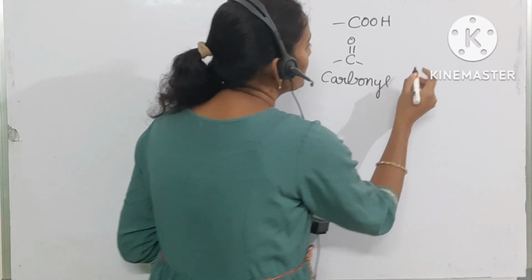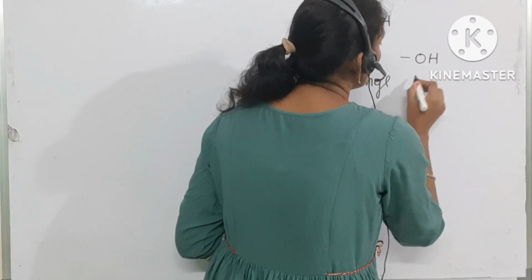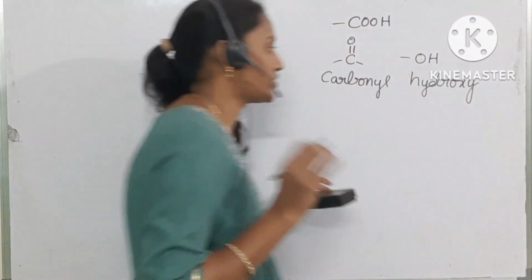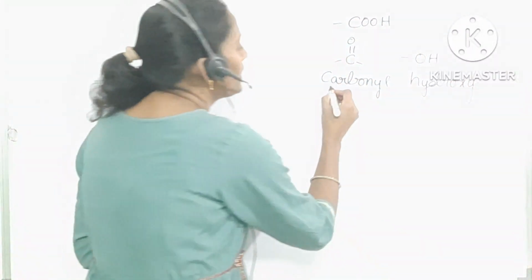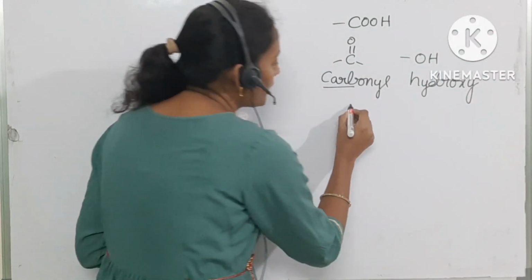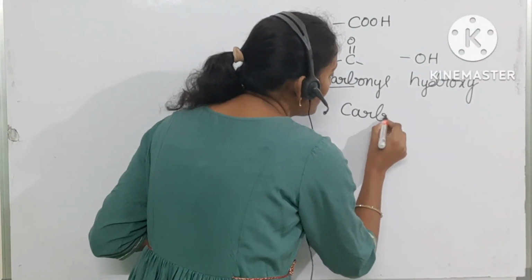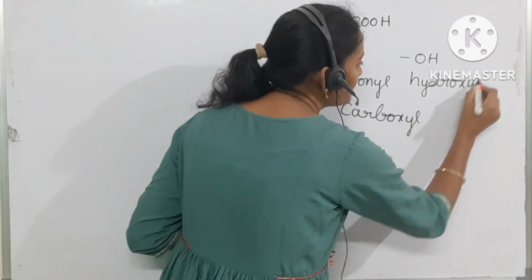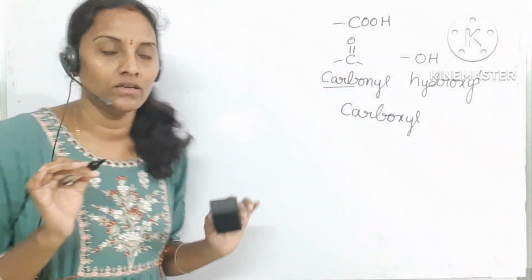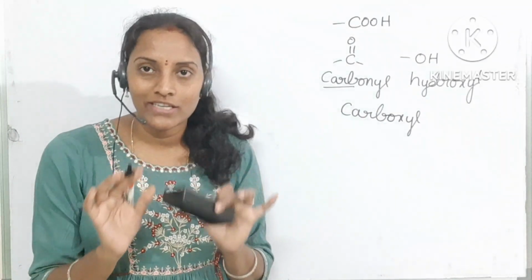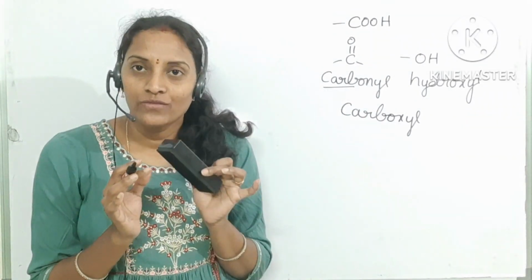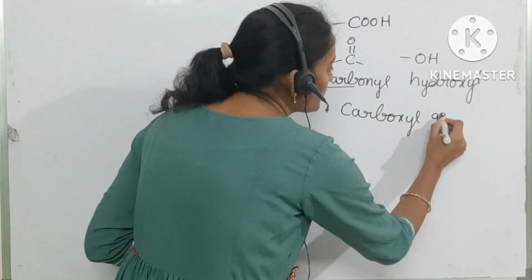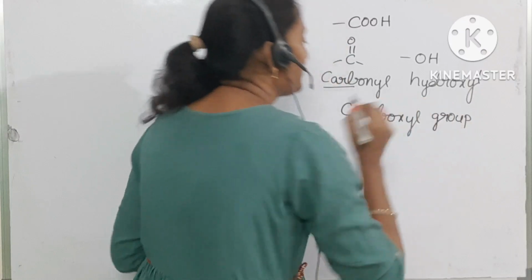carbonyl group and hydroxyl functional group. From these two functional groups, by taking the word carb from carbonyl and the word oxyl from hydroxyl, after combining these two words you will get the carboxyl group, that is the carboxyl functional group.